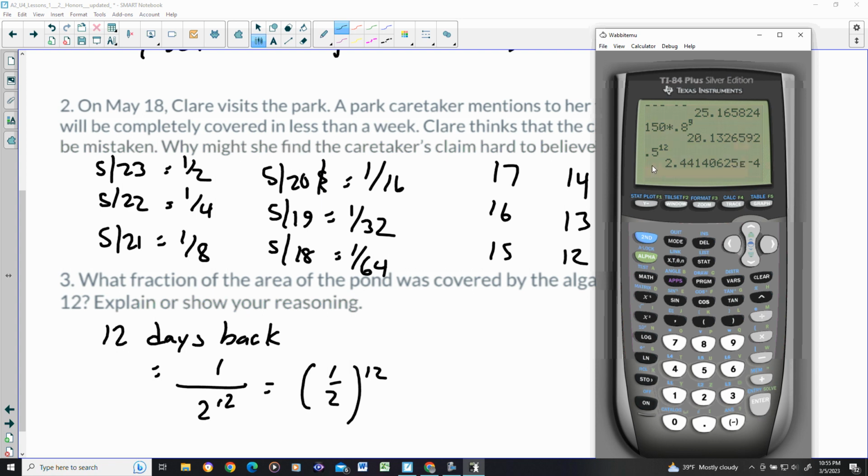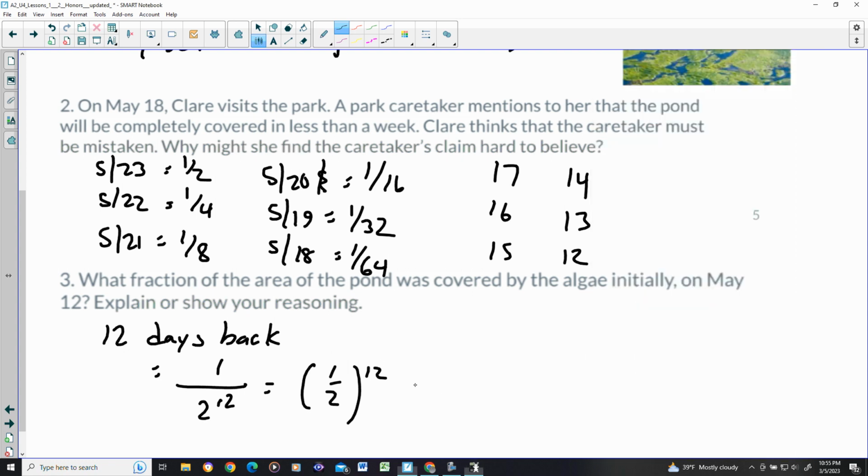So sometimes when the numbers are very small, it might give you the answer in scientific notation. By the way, this is actually as a fraction. Well, let's see, what's 2 to the 12th? 4,096. So this is equal to 1 over 4,096.